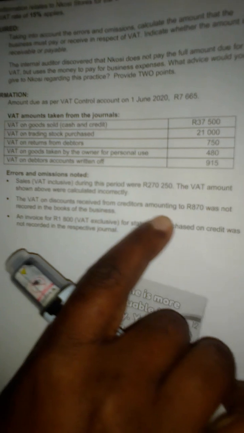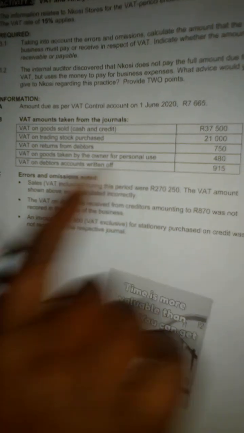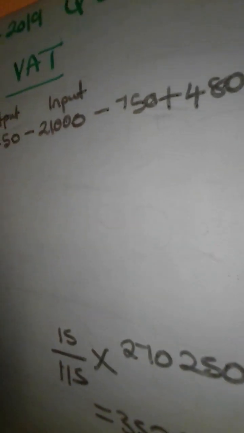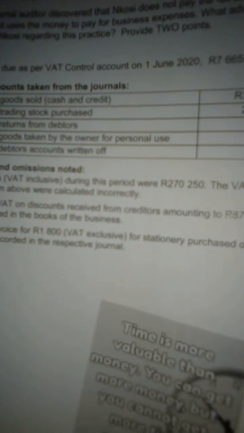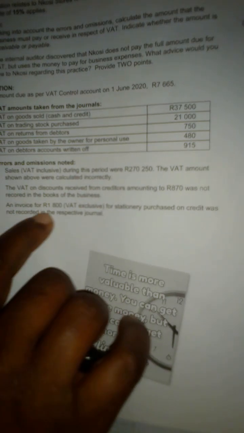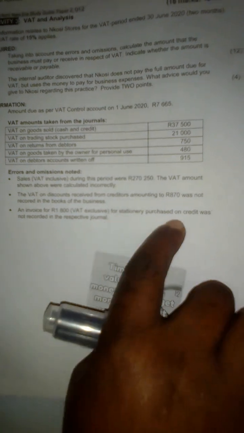Here we are given bullet number 2, which says the VAT on discount received from creditors amounting to 870 was not recorded. So we are simply supposed to record that 870 is VAT received. Remember what I said about received, it is output, so we are going to say plus 870. We also have the last item, an invoice for 1,800 VAT exclusive for stationery purchased.